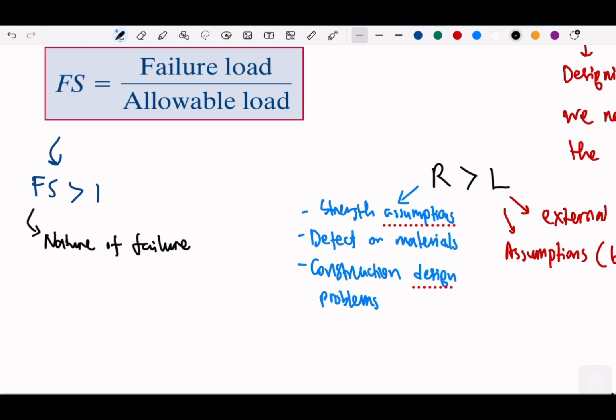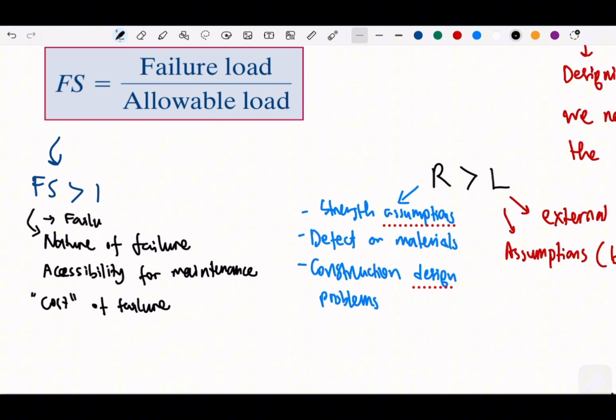It also depends on the accessibility for maintenance, for example, like I mentioned, how we can measure the maintenance for the elevator, and maybe the cost, like how much it will cost if there is a failure. And also the important one is the failure of a single member.